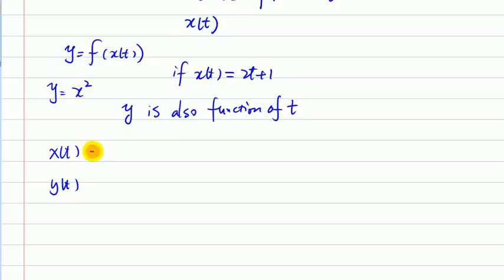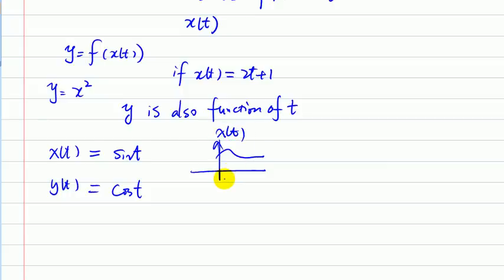So if this is sine of t, and maybe this is cosine of t, they are just functions, with a certain kind of signal. Now, when it relates to a system, x of t is a sinusoidal one, like this.